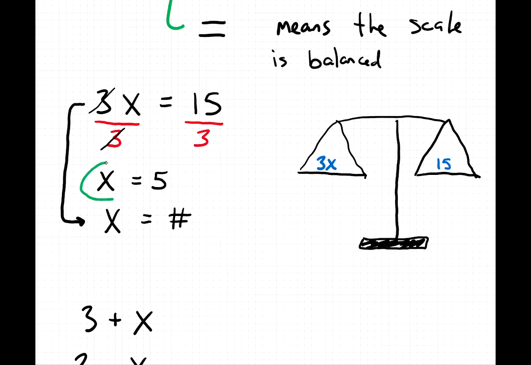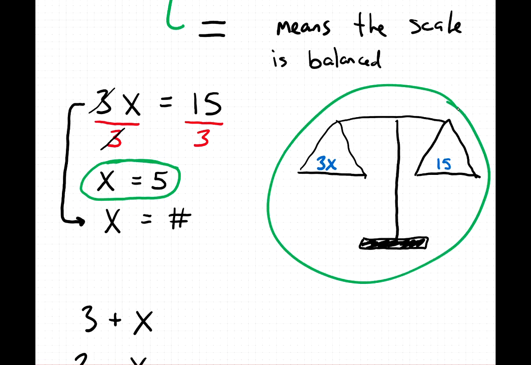Once we get x by itself, once we isolate x, that's our solution to the equation. 3 times 5 on the left will give you 15, and you have a 15 on the right. It's a little beyond the scope of this class to look at more complicated equations, but this is a good introduction to just the general idea of solving equations. To solve is to find the value of x.